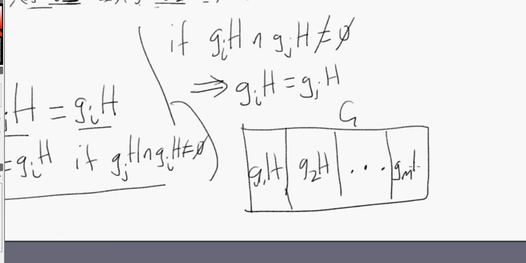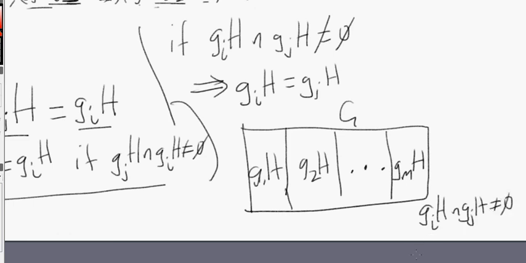And we'd said that this partition almost works, but the cosets are not pairwise disjoint. That is, it's possible that, let's say, for some GI and GJ, GIH intersect GJH may actually be non-empty, where GI does not equal GJ. And we said this was a problem because the partition is not pairwise disjoint.